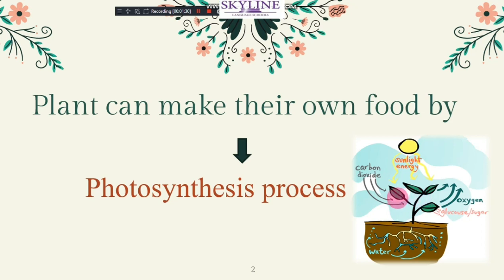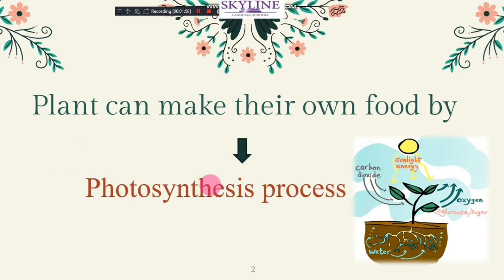Can the plant grow without leaves? No. Can the plant grow without a stem? No. Can the plant grow without roots? No. So from the basic needs of the plant, its structure is leaves, stem, and roots, and it needs basic needs like sunlight, carbon dioxide, and water. Why? A plant can make its own food by a process called photosynthesis.